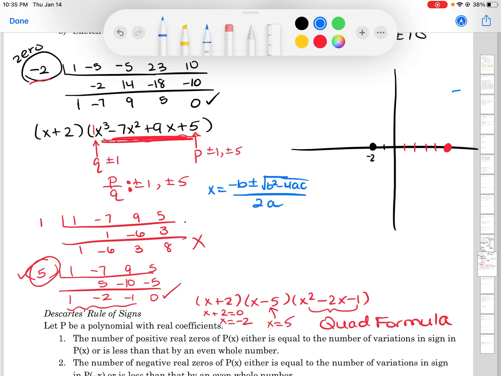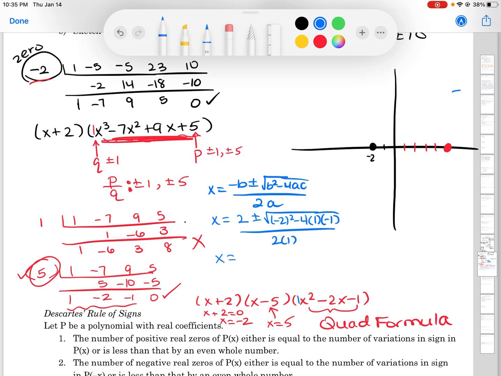We have a is 1, b is negative 2, and c is negative 1. So that's x equals negative negative 2, so positive 2, plus or minus the square root of negative 2 squared minus 4 times 1 times negative 1, all over 2 times 1.